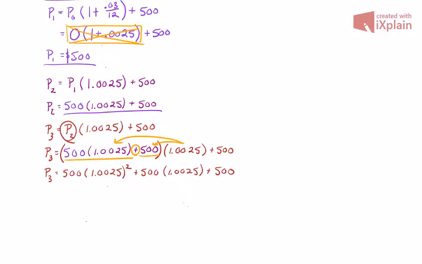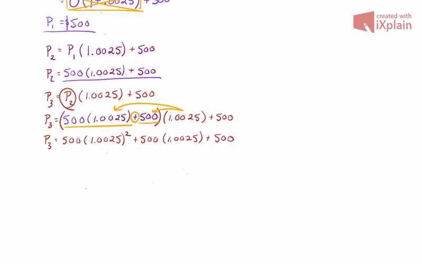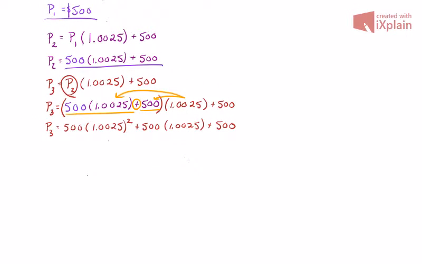Okay, let's do one more. Scoot this up, because I think we can still see everything that we need to see. So now let's come to p sub 4. Again, p sub 4 is going to be the previous month's balance, and it's going to get its new interest charge. And then we are also going to add in our new $500 deposit. Of course, we can redo the substitution.